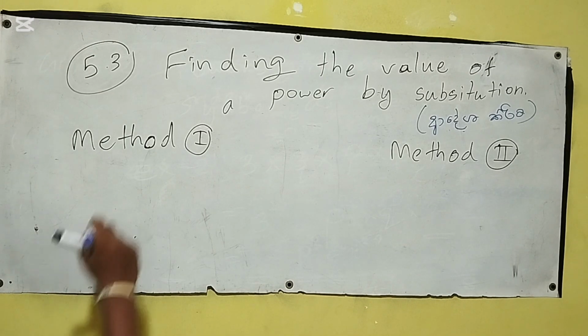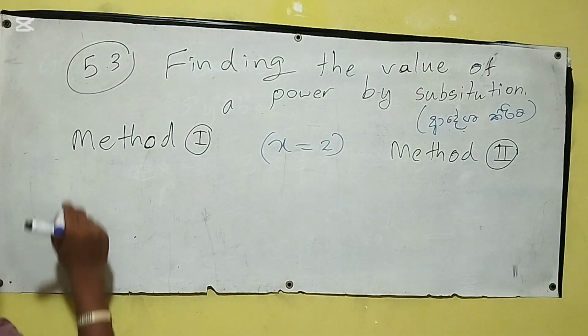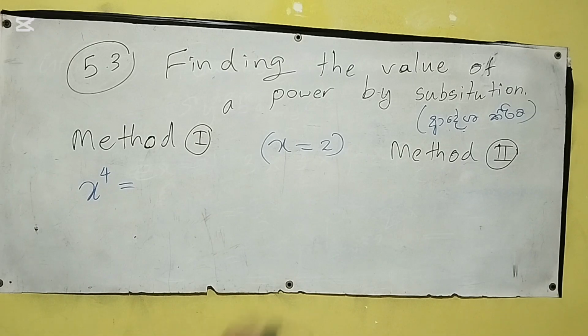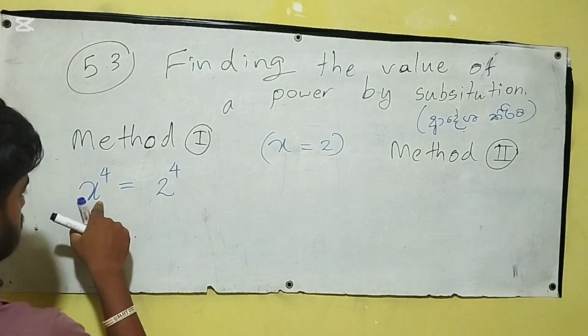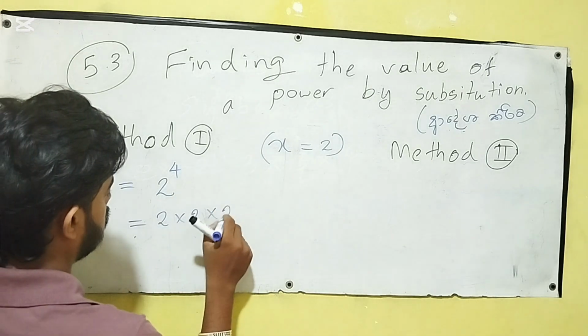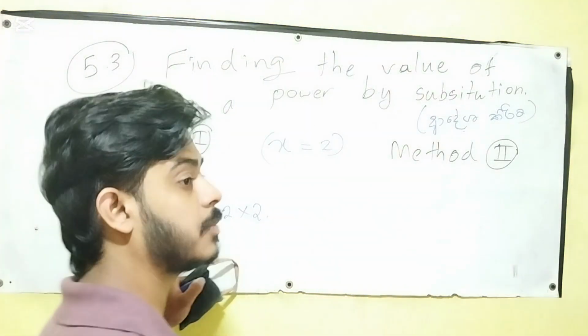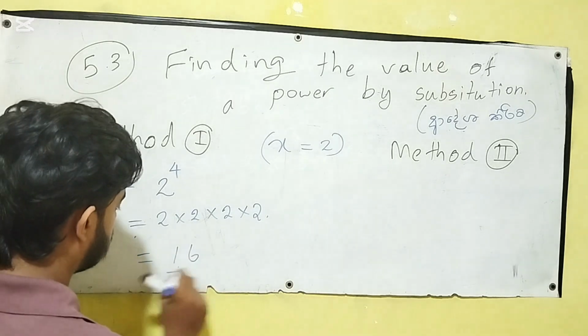Okay, think x is equal to 2. x to the power 4. How to find out? x is equal to 2, then we can substitute 2 to the power 4. Then you can expand: 2 multiplied by 2, 4. 4 multiplied by 2, 8. 8 multiplied by 2, 16.